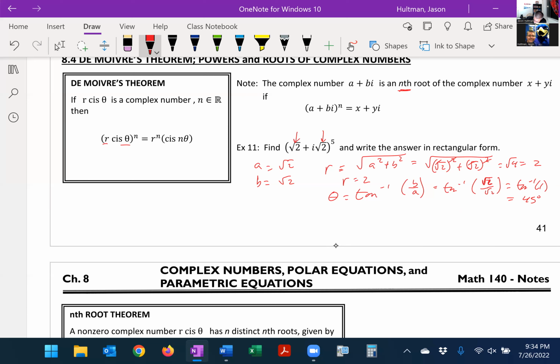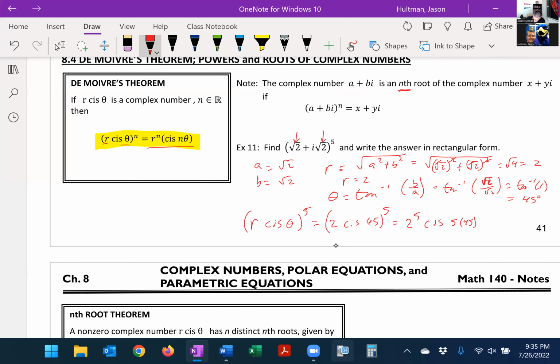Okay, so we know that r cis theta to the 5th power is going to be equal to (2 cis 45) to the 5th power, which is going to be 2 to the 5th power, according to De Moivre's theorem here. That's going to be 2 to the 5th power, cis 5 times 45.